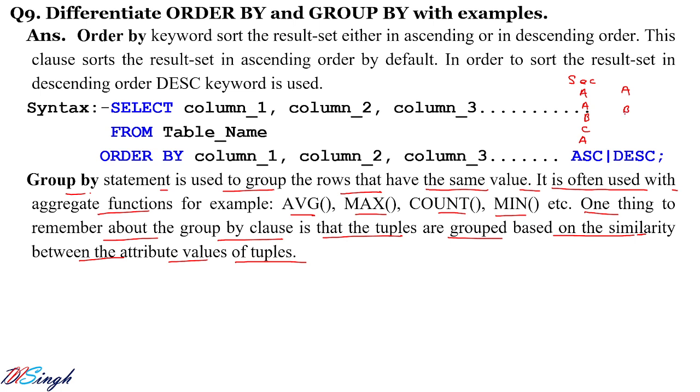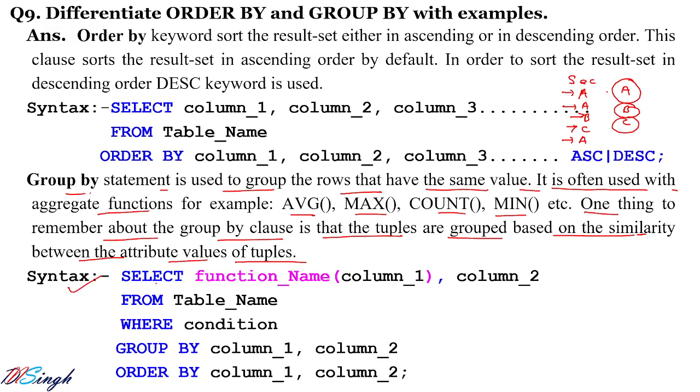A, B, and C. Only 3 groups will be created. How have they been created? Based on these values comparison. So these similar values are grouped into one group, and these 2 values are single values, so a different group has been created for them. I hope you are getting what I am trying to explain.